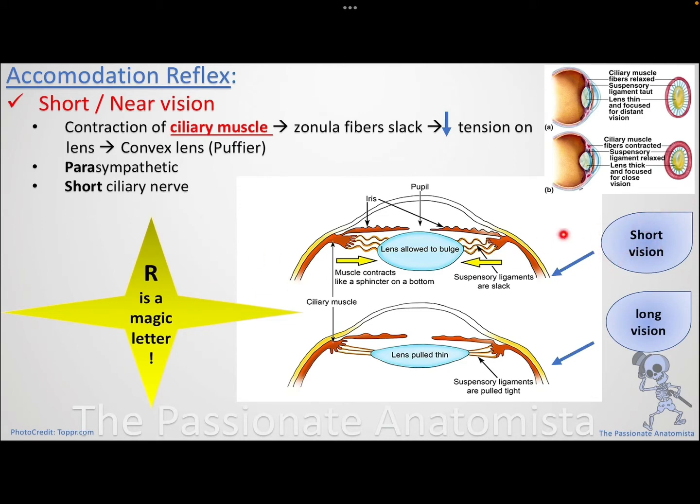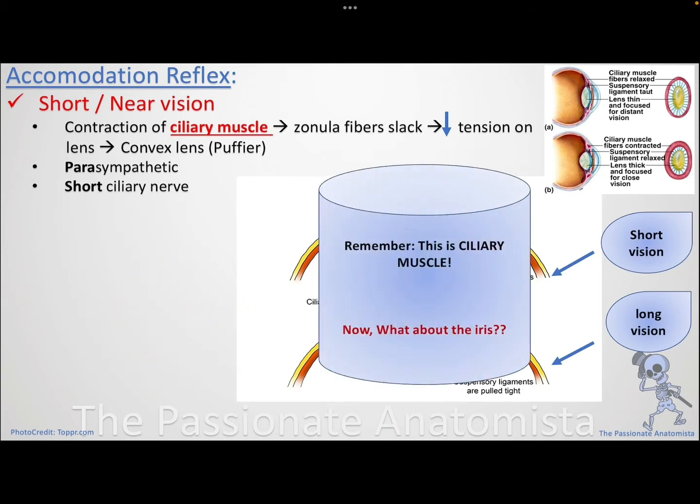For short vision, puffy lens, ciliary muscles contracted, the suspensory ligament is the enemy of the ciliary muscle, so it will become relaxed. That will be by parasympathetic innervation, and these fibers are carried by the short ciliary nerve, and this is for short vision. And the opposite is true for the long vision.